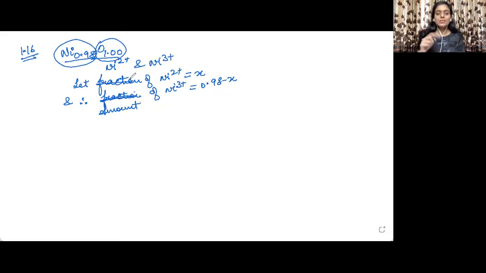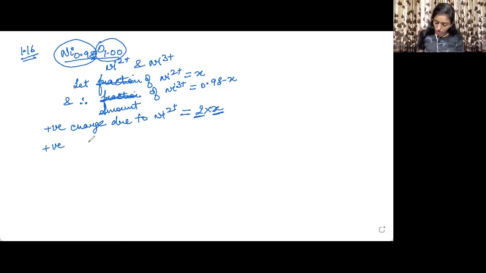Now, we can just find out what will be the total positive charge and what will be the total negative charge. Okay. Positive charge due to Ni2 positive is equal to 2 into x, because 2 positive is the charge and total amount is x, so 2 into x.